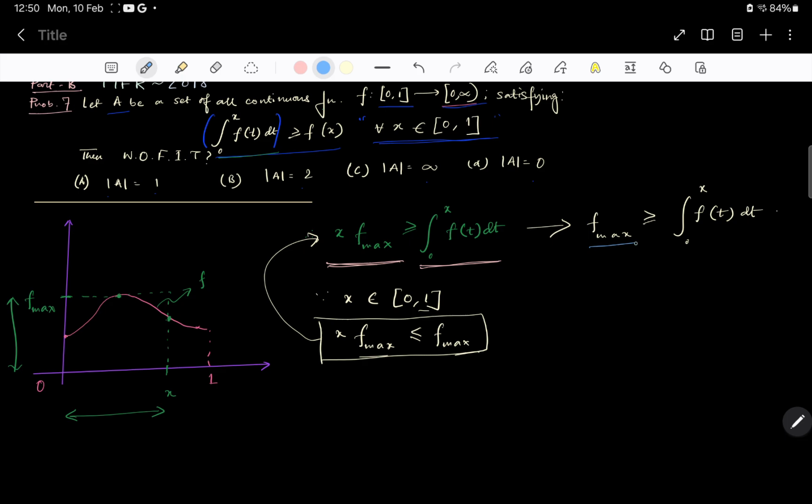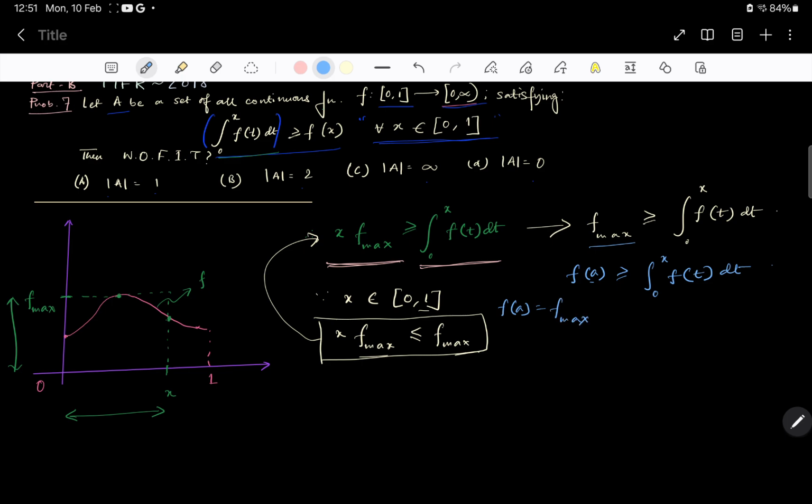Now instead of f max, I'm writing it as f of a, which is bigger than the integral from 0 to x of f(t) dt. There is no other reason to write f of a. f of a is nothing but the f max.